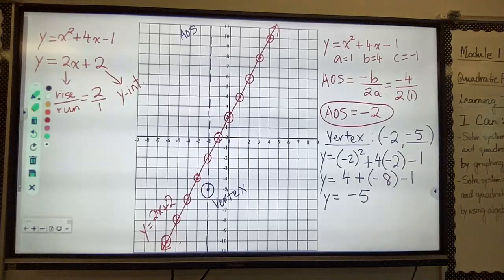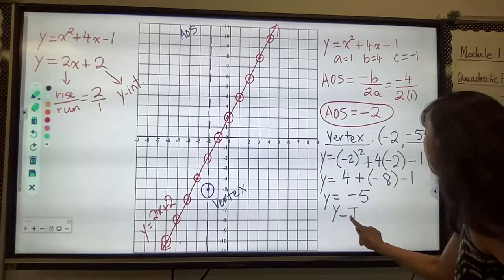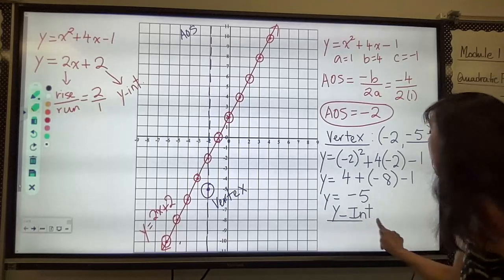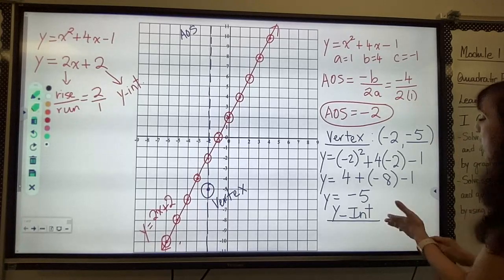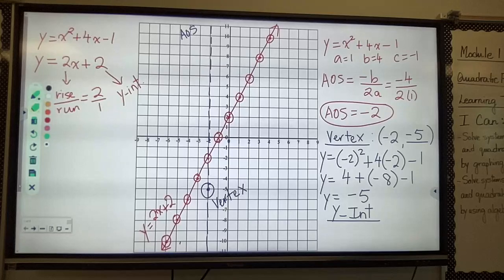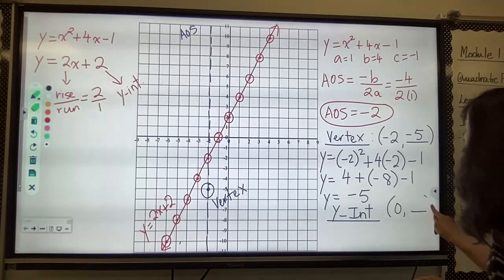Okay, and then the next thing that I'm going to do is find the y-intercept for this. The y-intercept means my x, that's telling me where the y is crossing over. So what is my x going to be in that case? It's going to be 0, so let's find what this is.